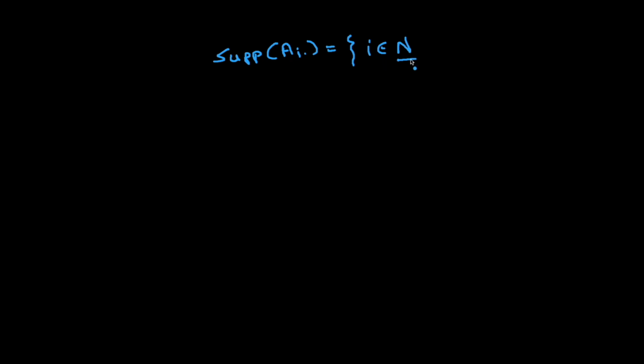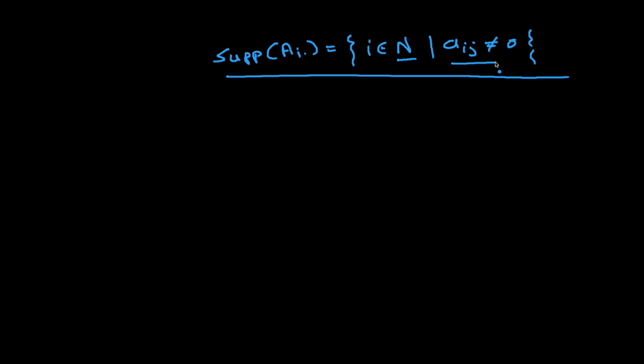This is the set of all variables in our problem such that their coefficient in the ith row is not 0. Okay, so that's the support of the ith row. You can define the support for the columns also, but you get the idea, right? So wherever the coefficients are non-zero for that row.